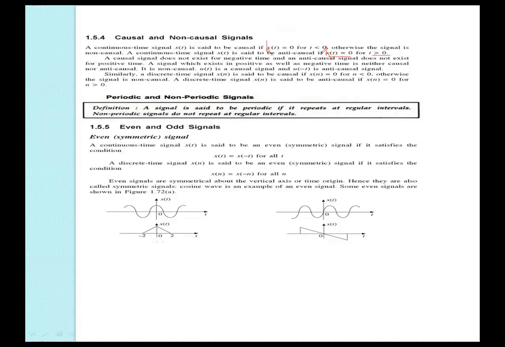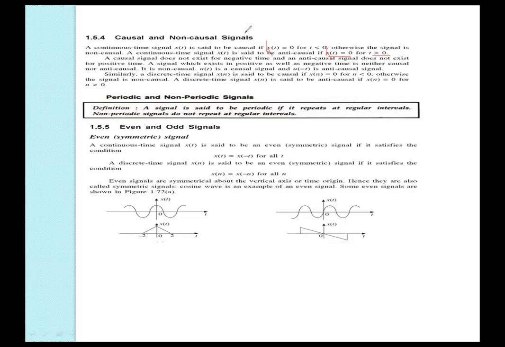Anti-causal means h of t is 0 for t greater than 0. Causal means values lie on the positive axis. Anti-causal means all the values are present on the negative axis, and there are no values on the positive axis.